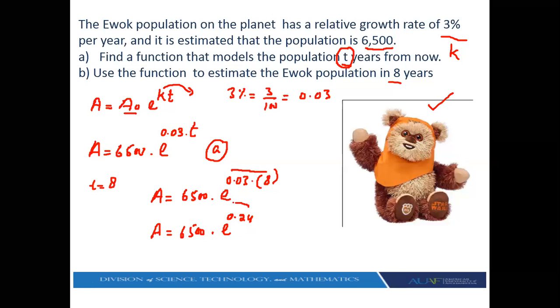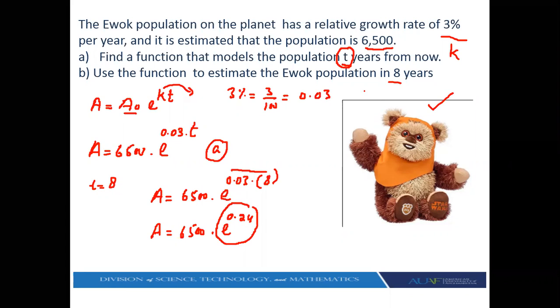Now we have the function in the calculator, e power 0.24. You can use e power x on any calculator. If you check your calculator, e power x and e both are given.